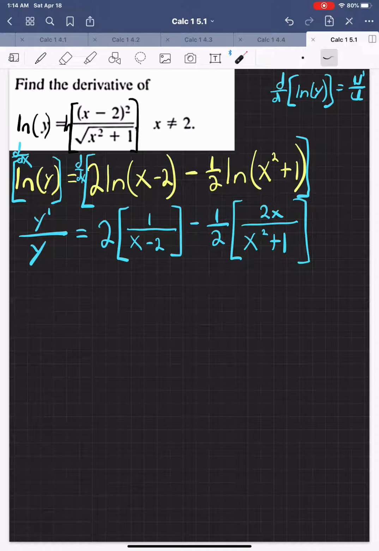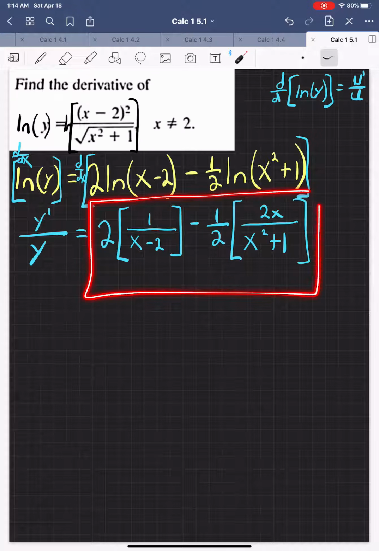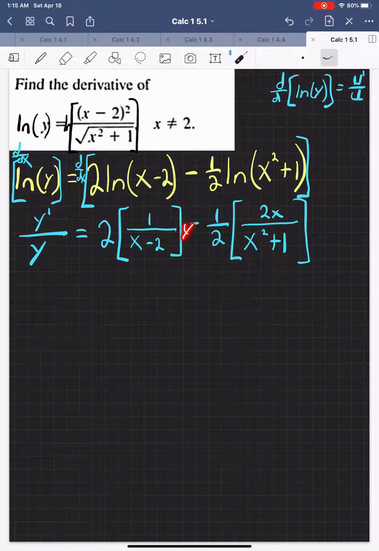Now, the only thing I'm going to do right now, and this is going to be annoying to many of you, is simplify this, because I don't want to have a y here and a y here when I bring this y over.